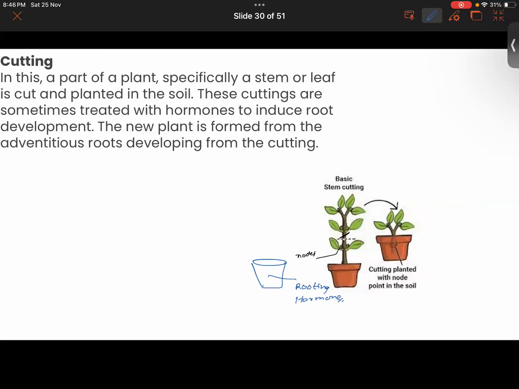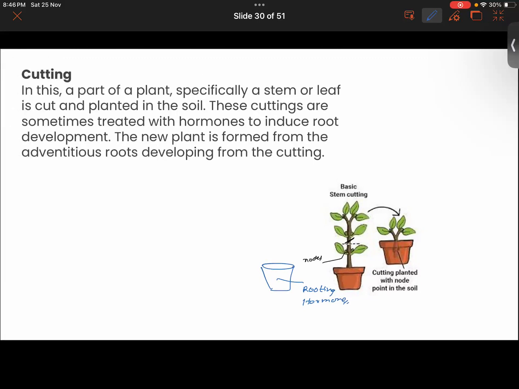So that is the cutting over here. When we plant any part of the plant, especially the stem, by cutting it, then it is called the harvesting of that crop in that manner. Sometimes cuttings are also used for root development, like the one I just told you.